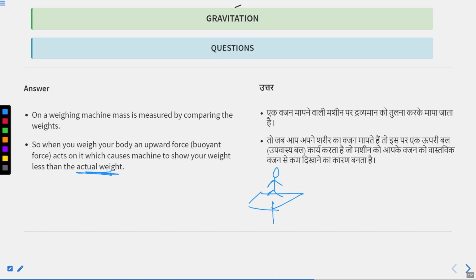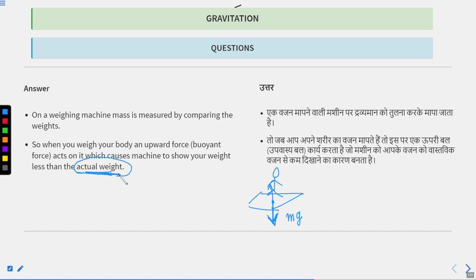First, you apply a downward force on the machine, which is mg. In reaction to this mg force, it applies an upward force, and it measures that upward force, which is always lesser than your actual weight. So a weighing machine always tells you a weight lesser than your actual weight.